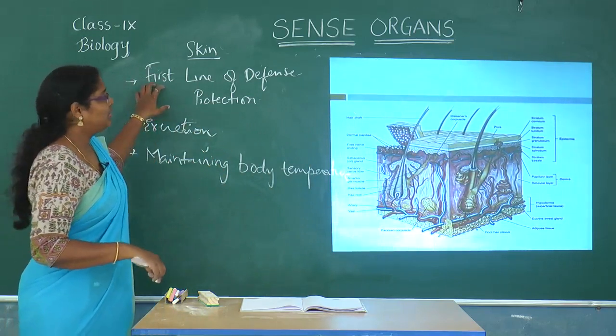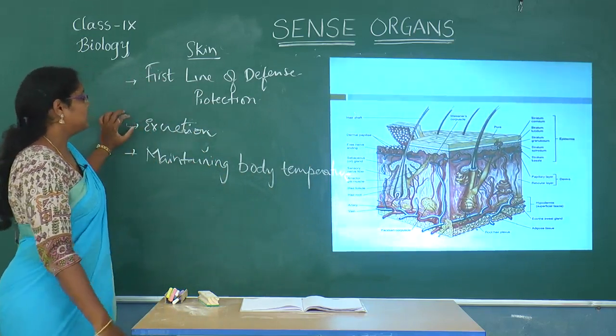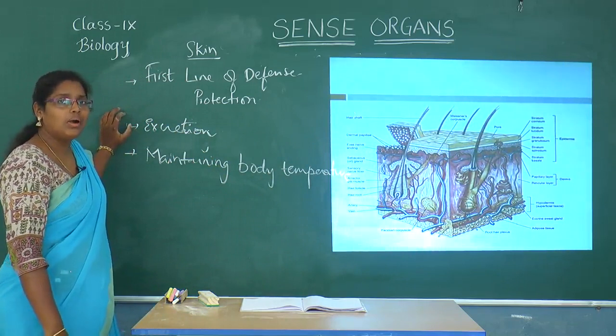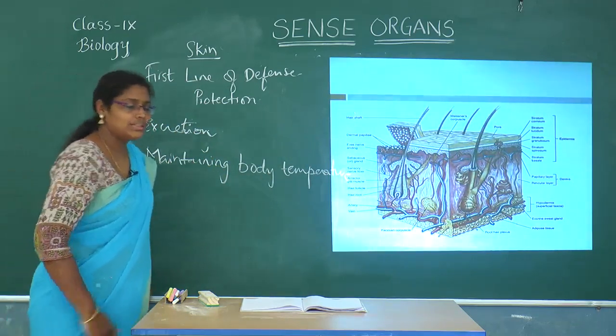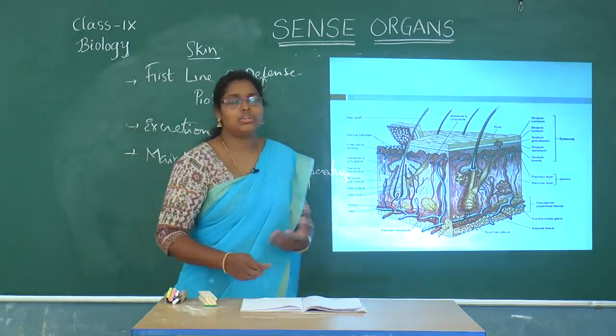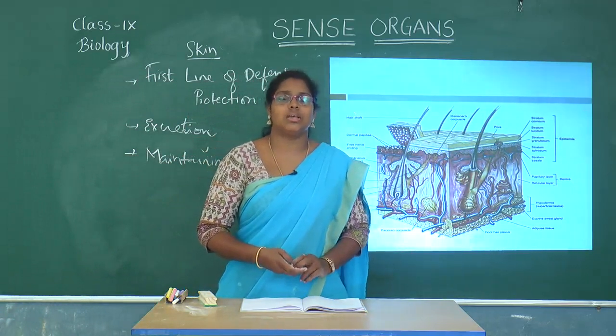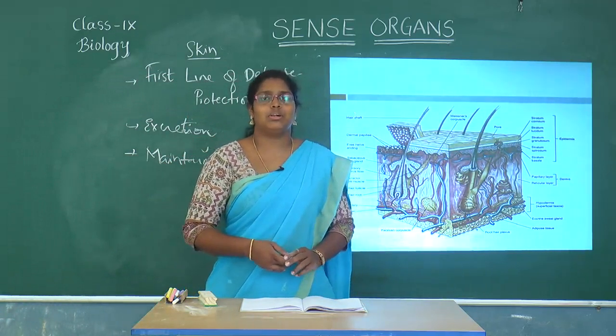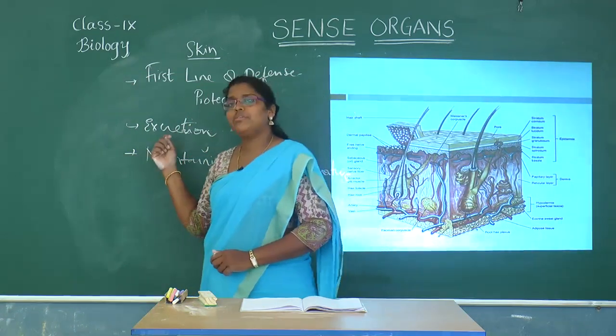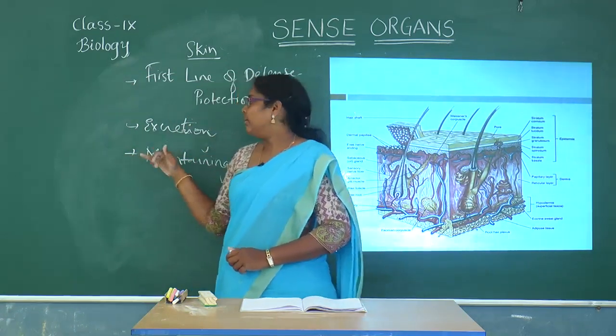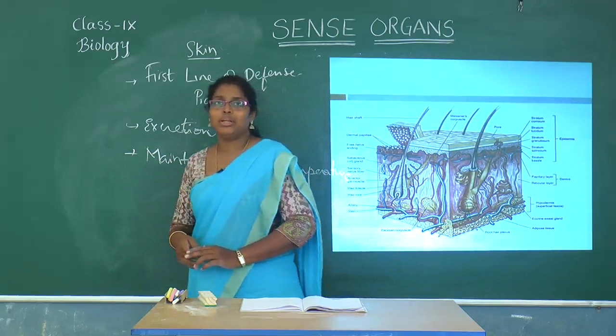Along with the protection, it is acting as an excretory organ also. So, what does skin excrete? We know that skin excretes sweat, a huge amount of water and salts, and also fatty sterols are excreted in the form of sweat, and it is also maintaining body temperature.